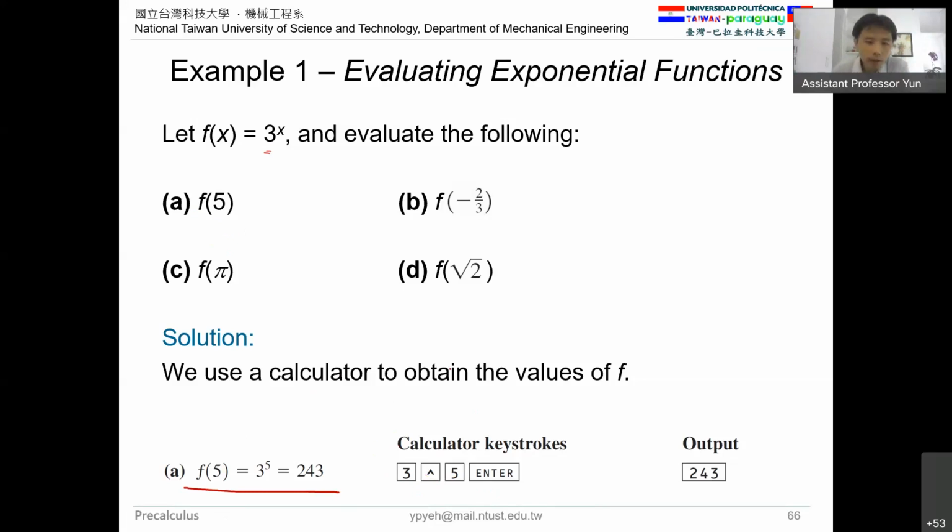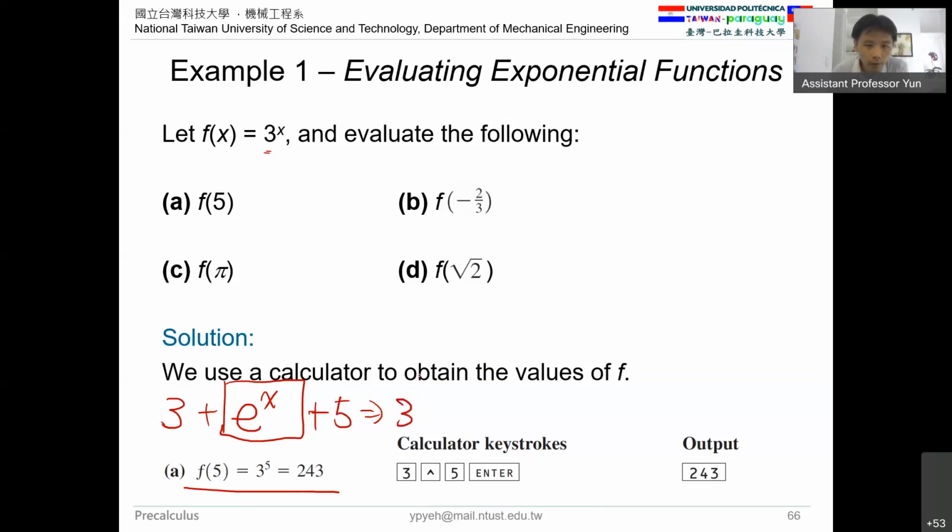In some scientific calculators, they have a function for the exponential of x. They will have this icon, and you can simply type the base 3 first, then this icon, then 5, which presents 3 power of 5.